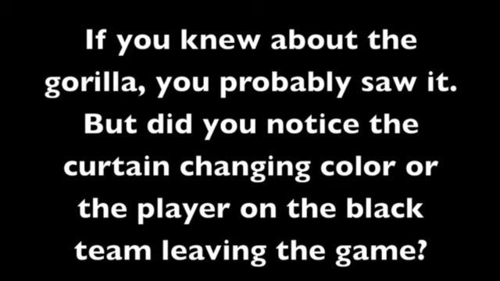The correct answer is 16 passes. Did you spot the gorilla? For people who haven't seen or heard about a video like this before, about half miss the gorilla. If you knew about the gorilla, you probably saw it, but did you notice the curtain changing color or the player on the black team leaving the game?